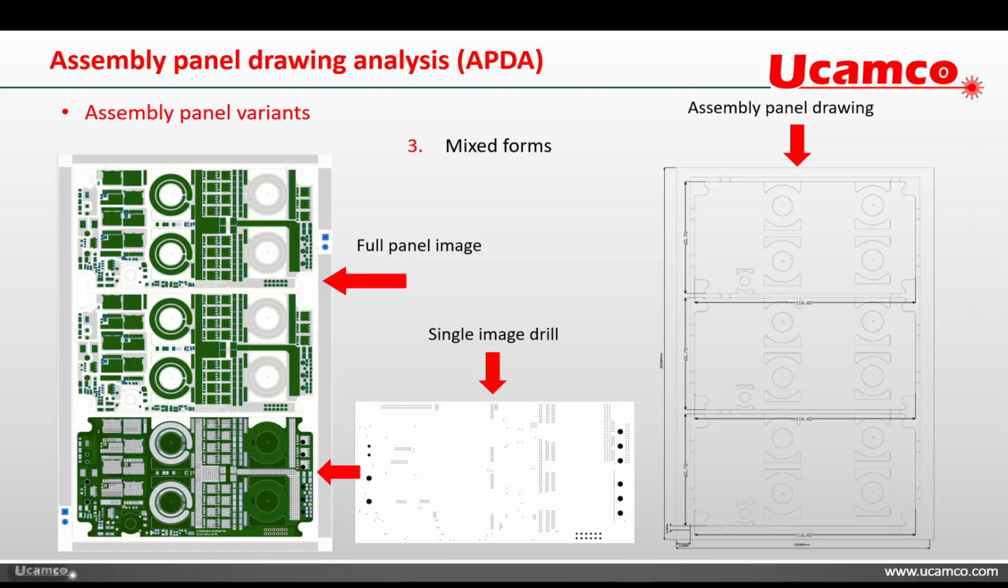And as always, this data set also comes with an assembly panel drawing, which features the single image outlines together with a panel outline. And as you can see here, there is also the part of the routing, sorry, with the breakout tabs.